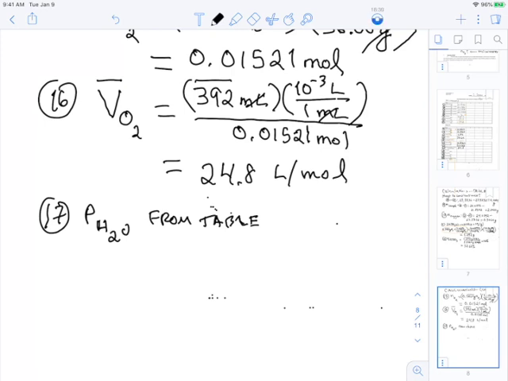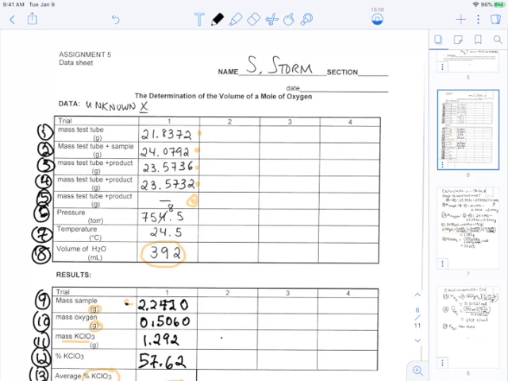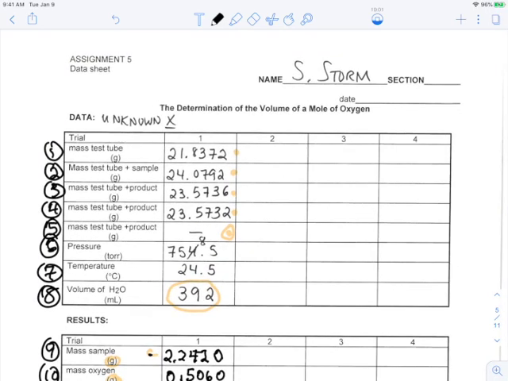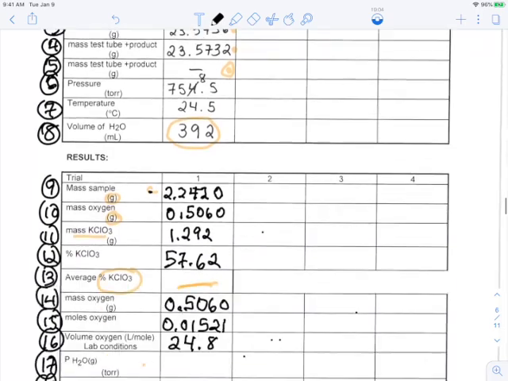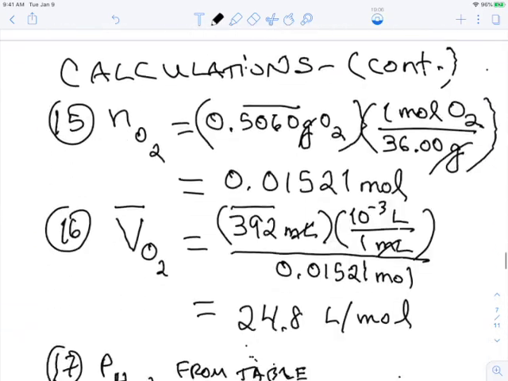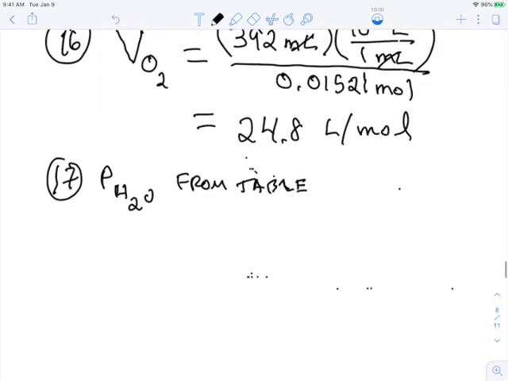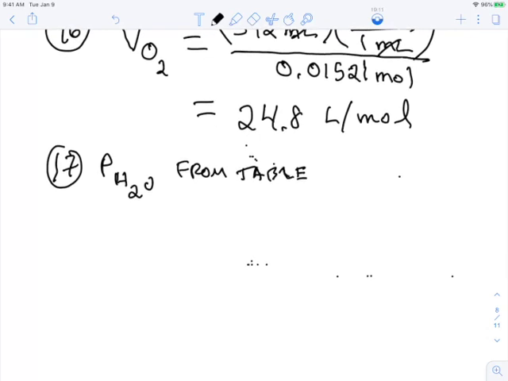The problem is that over there, what they show you is the vapor pressure of water at different temperatures. I'm sorry, I don't have that picture here with me, so please look it up. It turns out that Susan's temperature was actually 24.5. In that table, they give me the vapor pressures at 23, 24, 25, in other words, in 1 degree increments.